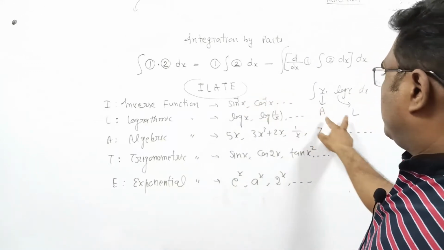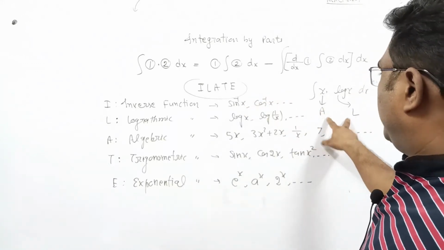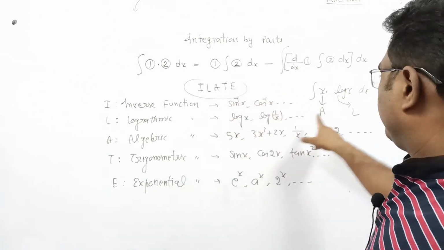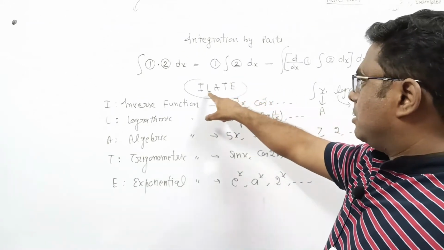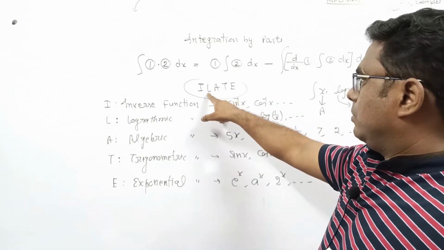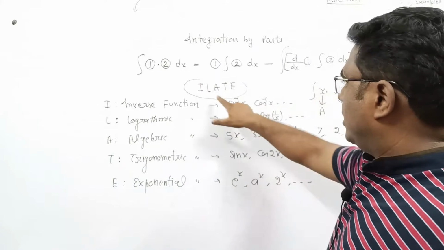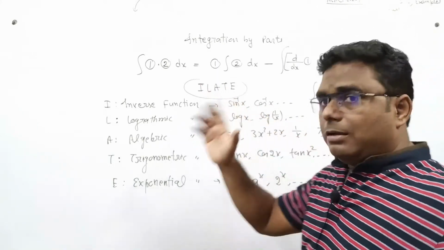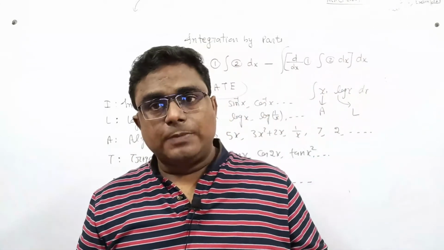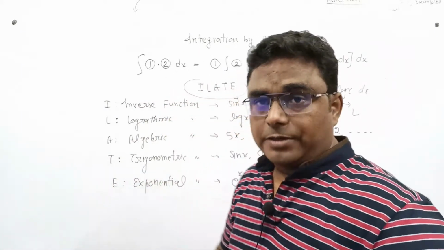Now you check the placement of these two letters in this word. We can see that L is coming before A. So it means if in our question we have L and A, then L, the log function, will be taken first and the algebraic function will be taken second.